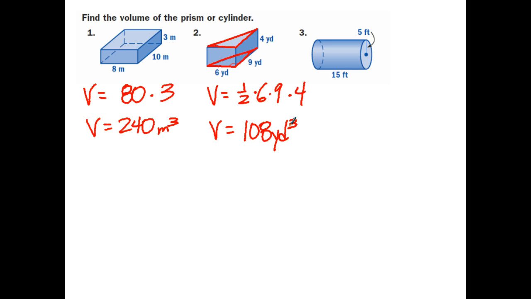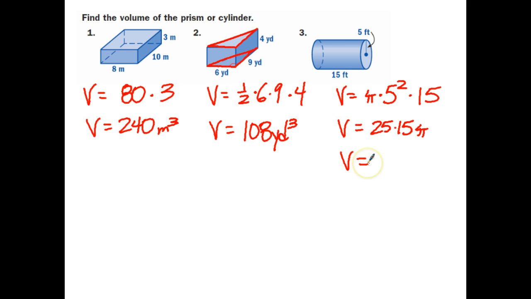All right, and finally in number 3, the volume is going to be the area of the circle, right? This is my base, the area of the base. So I'm going to get pi times 5 squared, and then that times 15. So the volume is going to be equal to, let's see, 25 times 15 pi.